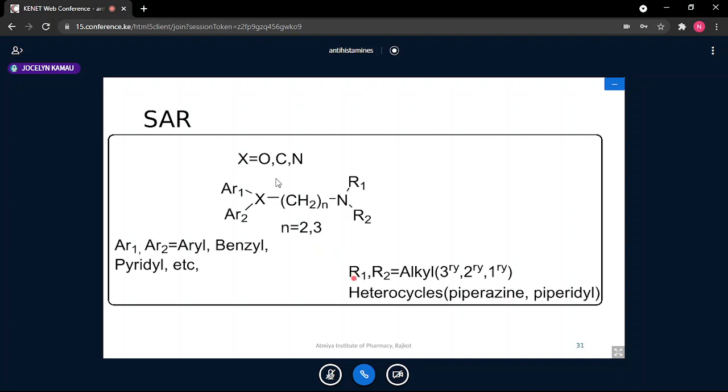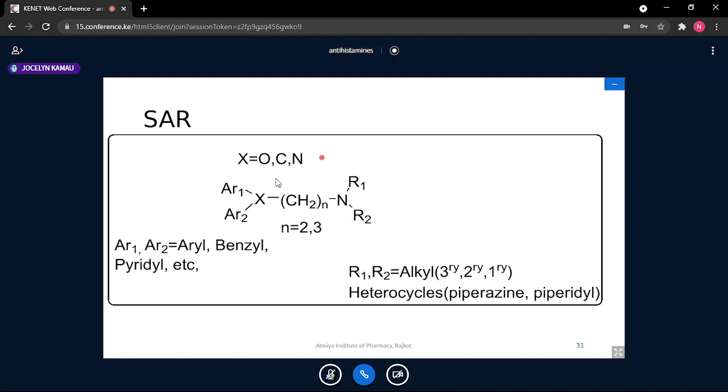And then R1, R2, usually they are methyl groups, but they can also be part of a heterocyclic ring with retention of activity. And of course, this nitrogen can also be part of a heterocyclic ring with retention of activity. We are talking about piperazine or piperidine with retention of activity. So that is the general structure of our antihistamines.